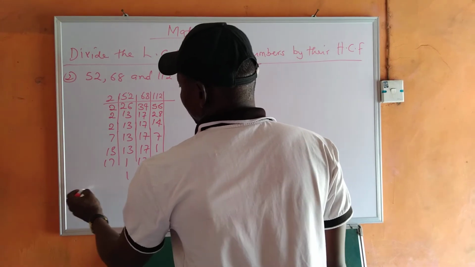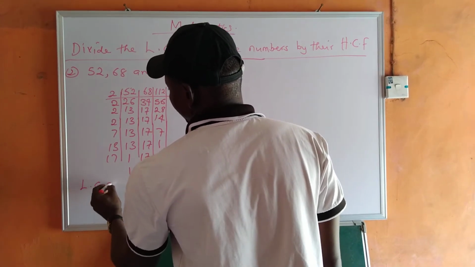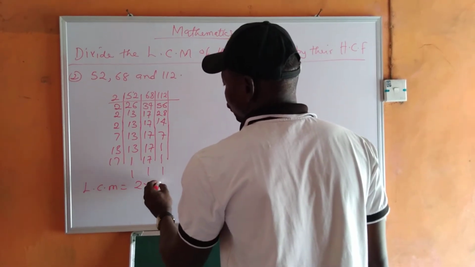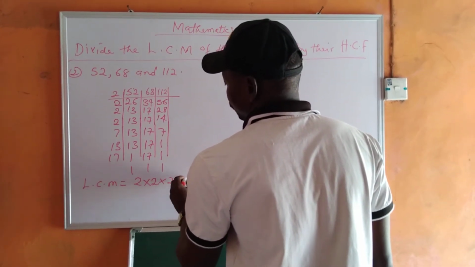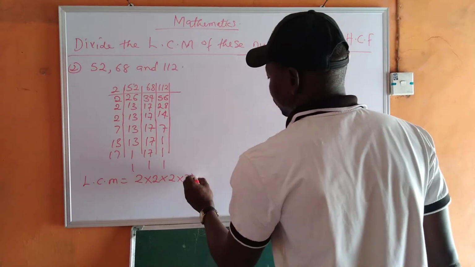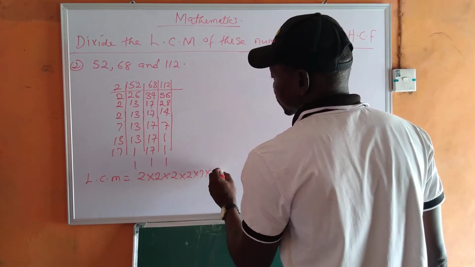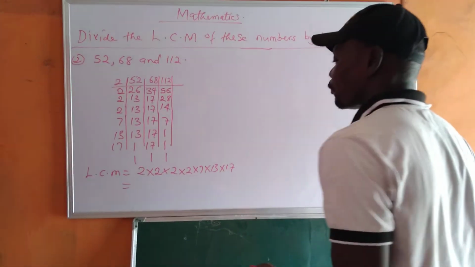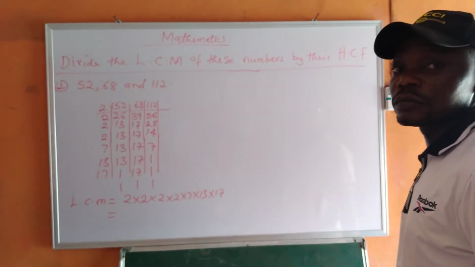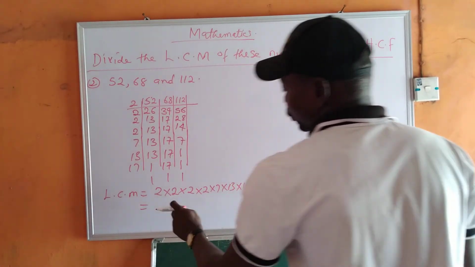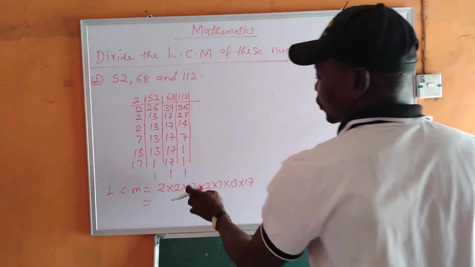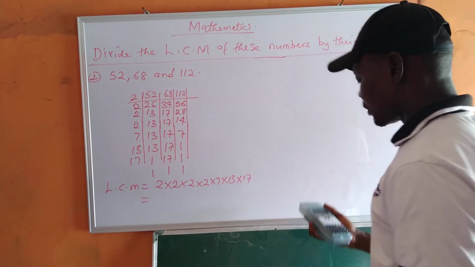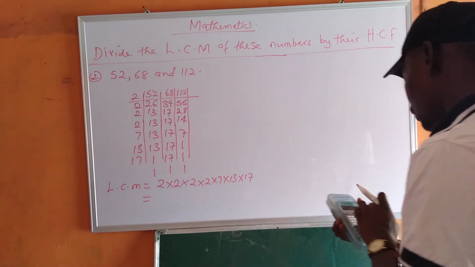We have L.C.M now to be equal to 2 times 2 times 2 times 2 times 7 times 13 times 17. So 2 times 2, 4, 4 times 2, 8, 8 times 2, 16, then 16 times 7. We multiply through because of time.